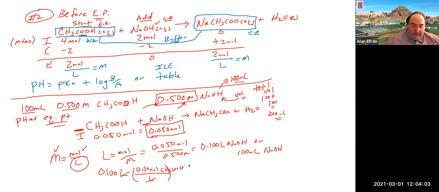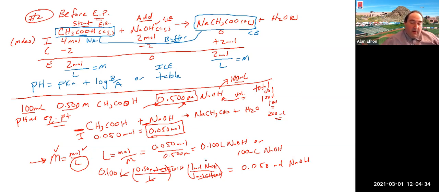So 1-to-1 relationship, which would give me 1 mole of acetic acid, 1 mole of sodium hydroxide. Moles of this guy would cancel, and that's going to get you my 0.05 moles of sodium hydroxide. And then you could do exactly what we just did right here to get you to it.